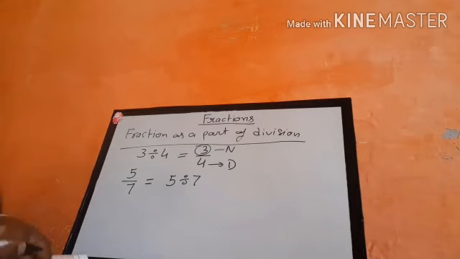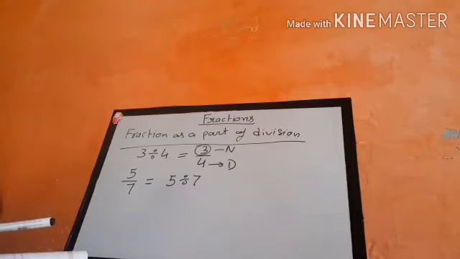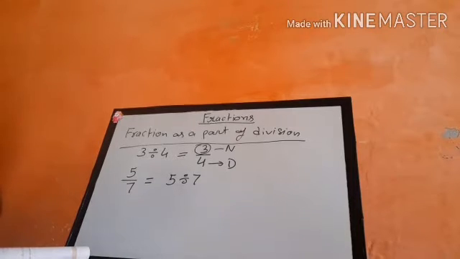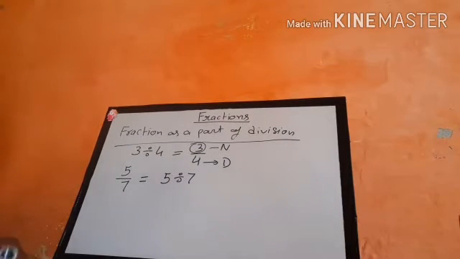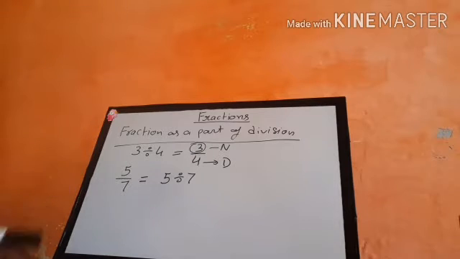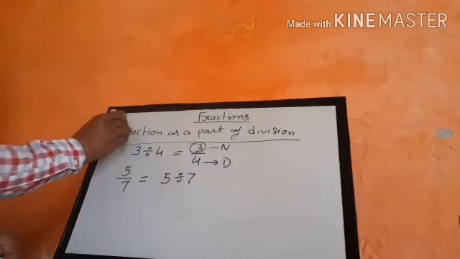Also, you should keep in your mind this 3 upon 4 can also be read like 3/4 part of whole. So these things you should keep in your mind, and today we will practice some examples related to fractions.